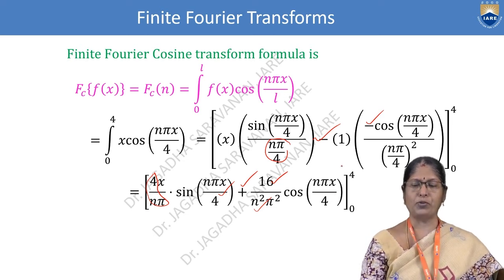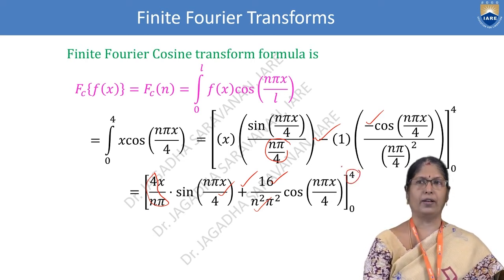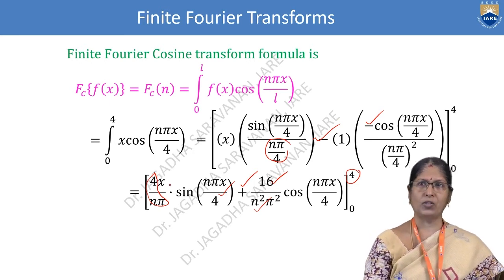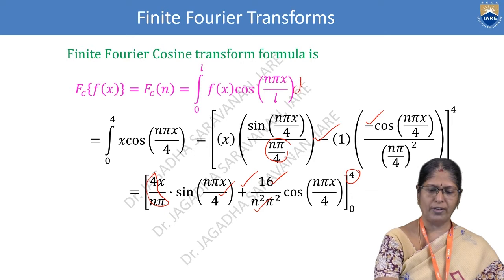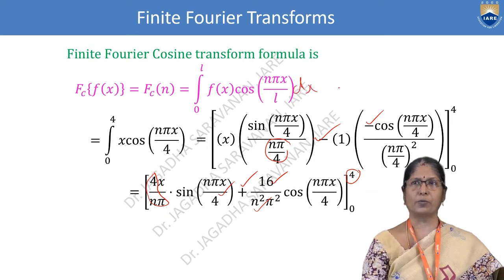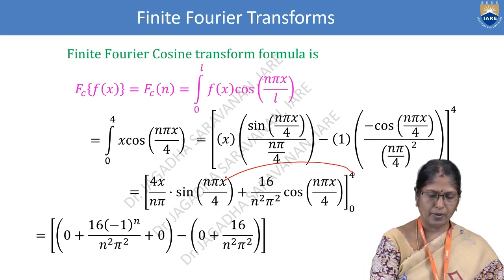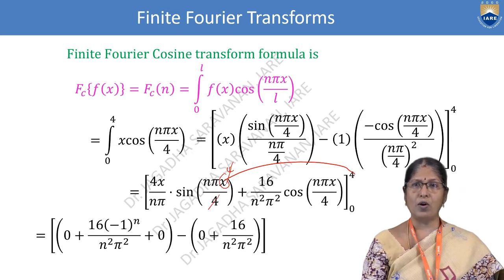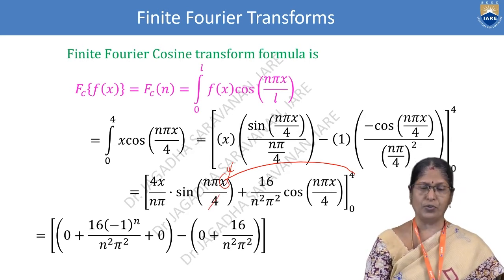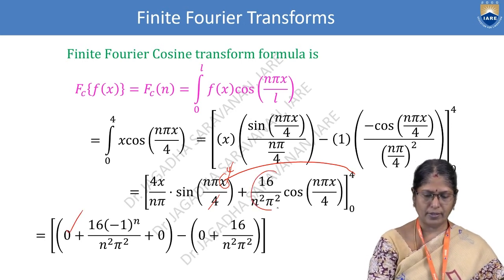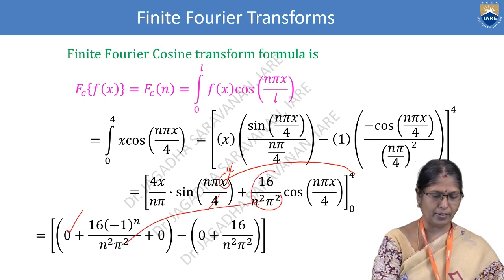Now we will substitute the upper limit, that is 4, in the place of x, because we did the integration with respect to x. Here x is taking 4, and 4 cancels. Sine of n pi, the value is 0. So we got 0, plus this is written as it is.